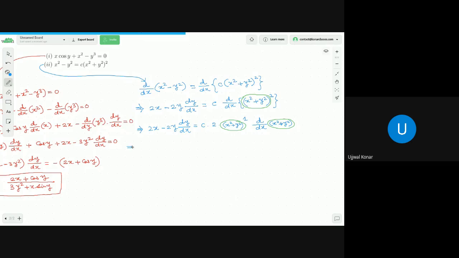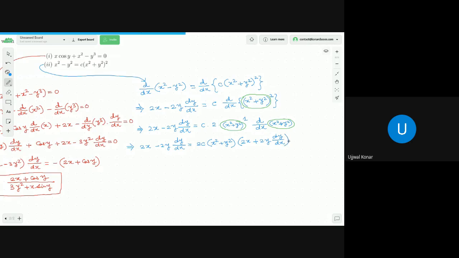So from here, what we get? 2x minus 2y dy/dx is equal to 2 into c into x square plus y square, into d/dx of x square plus y square. d/dx of x square is 2x, and d/dx of y square is 2y into dy/dx.